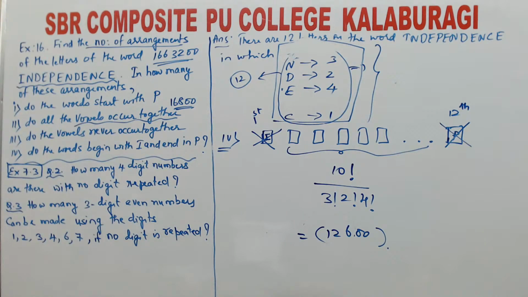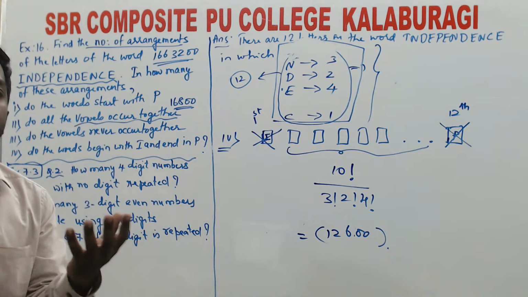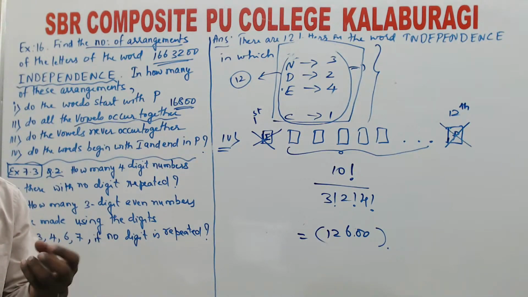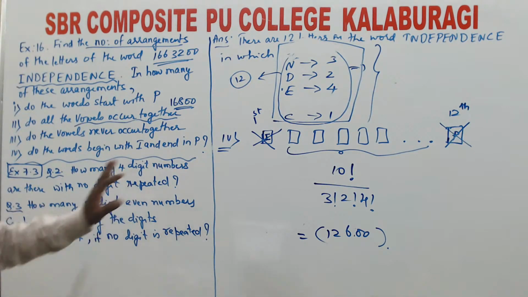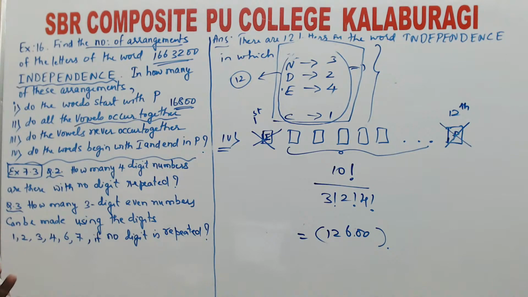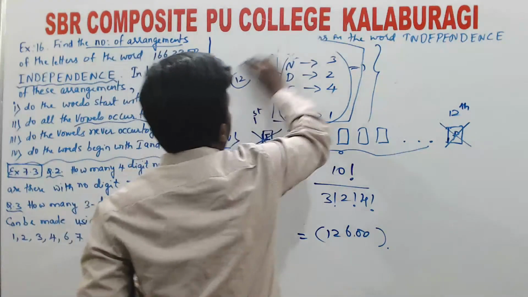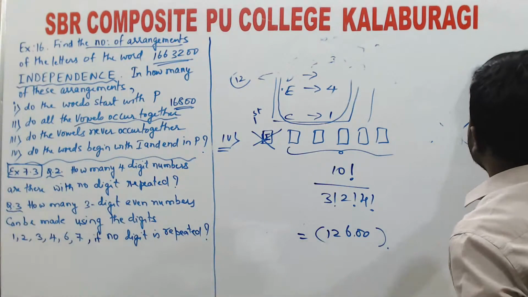We have to form 4-digit numbers, and the condition given here is that no digit is repeated. Is that clear, students? Now the solution of question number 2 from exercise 7.3.